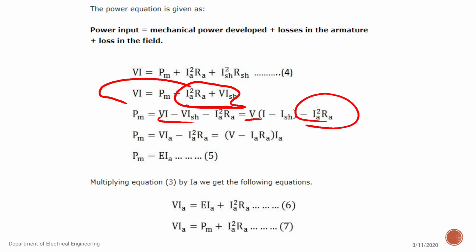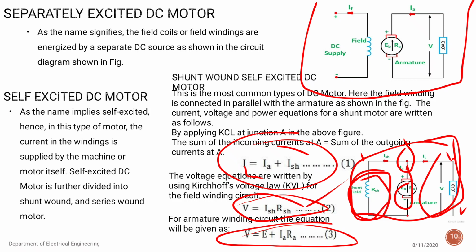Now this I minus ISH will go into this equation. PM is as it is, minus Ia square Ra as it is, and V is also as it is. Only the value is changed. I minus ISH is equal to Ia, because from equation 1 we know that I is equal to Ia plus ISH.